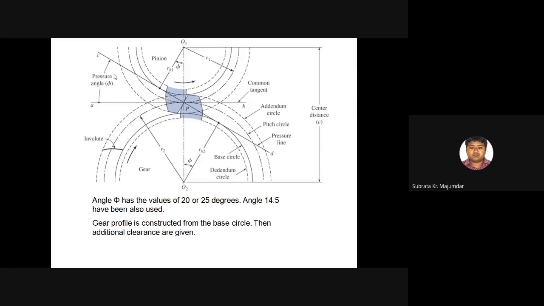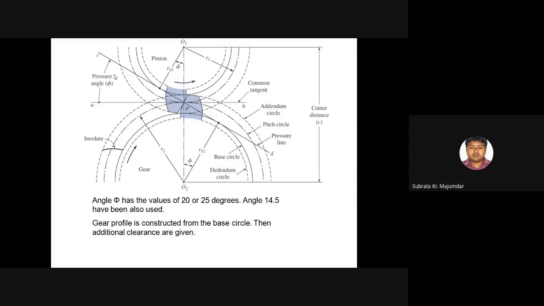The pressure angle is the angle between the common normal to the two gear teeth at the point of contact and the common tangent at the pitch point, and it is denoted by phi. The standard pressure angle varies from 14.5 to 20 degrees, and in some cases it varies from 20 to 25 degrees.